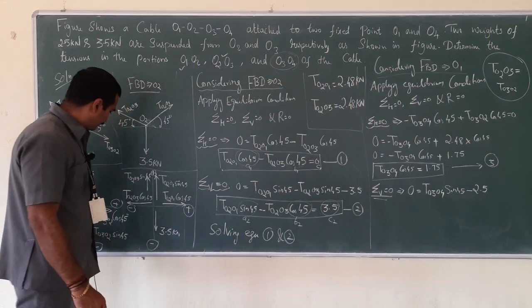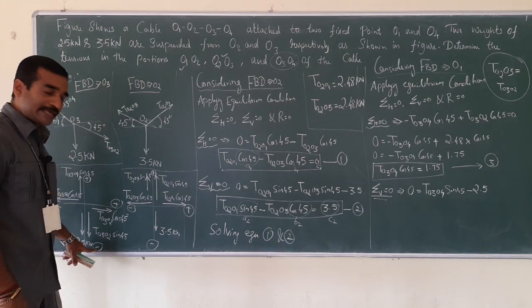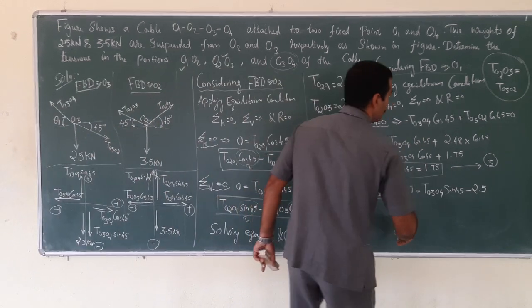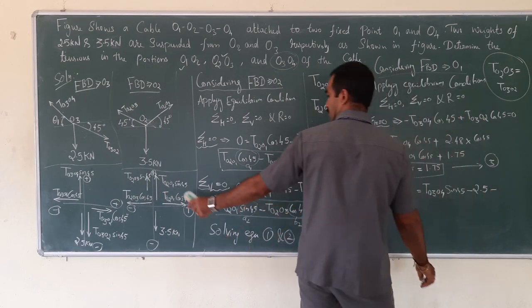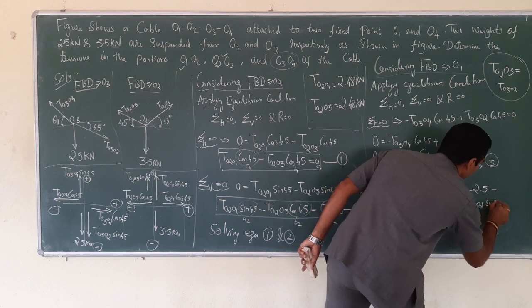And one more force which is acting vertically downwards, which will carry the negative sign, of magnitude T O3 O2 sine 45, minus T O3 O2 sine 45.